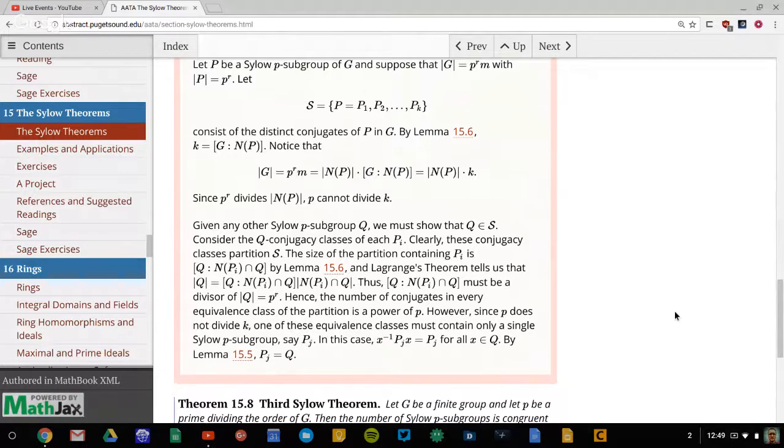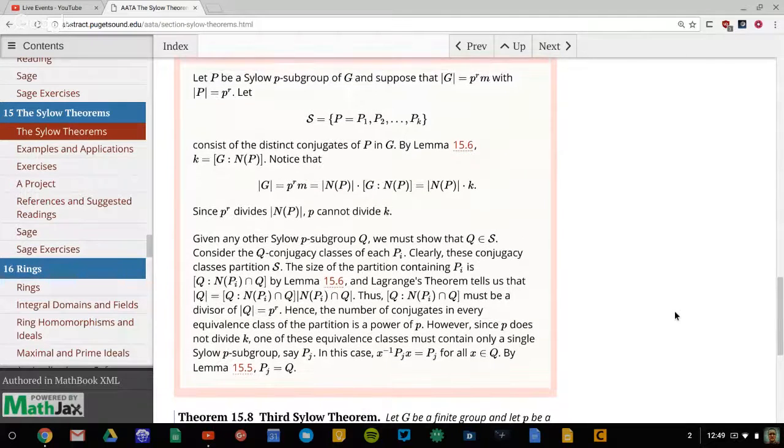Okay, so P_j must be equal to Q. So what we've proved is that for any Sylow P subgroup Q, there will be one of these conjugates of this particular starting subgroup P which is equal to that Q. So this list of conjugates of this particular Sylow P subgroup P is all of the Sylow P subgroups of G. So that completes that proof.